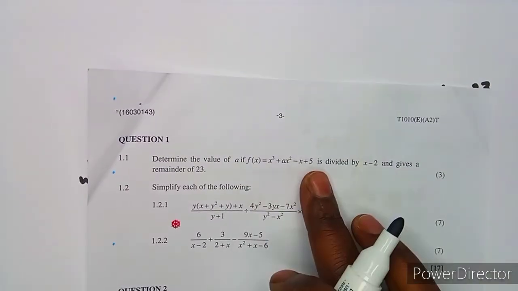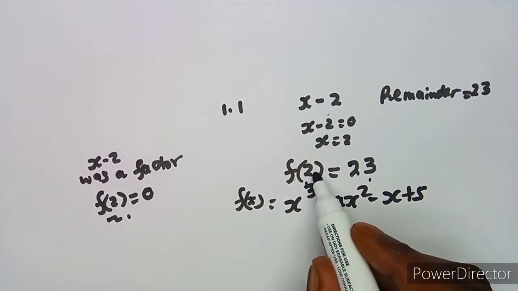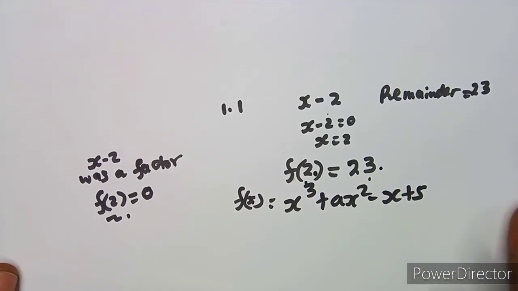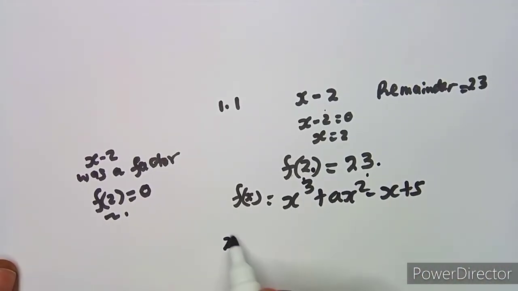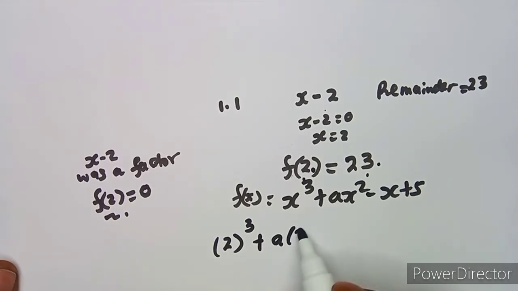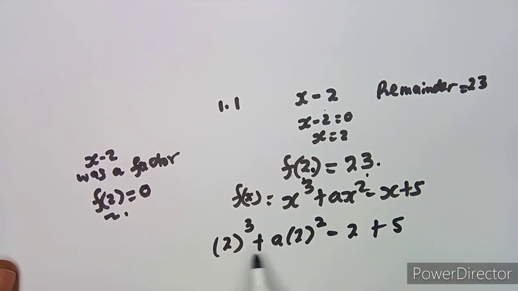So in place of x, you substitute 2, then you equate to 23. So let's put 2 to the exponent of 3 plus a into 2 to the exponent of 2 minus 2 plus 5, equal to 23.